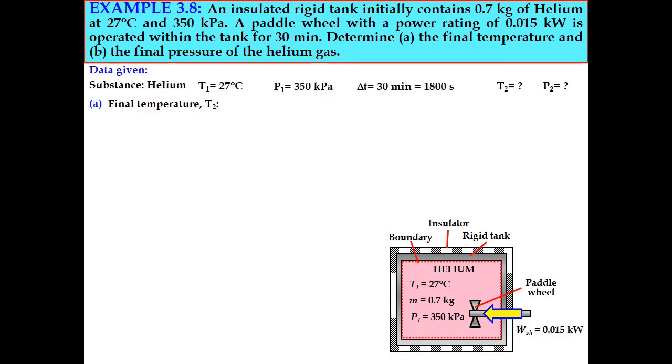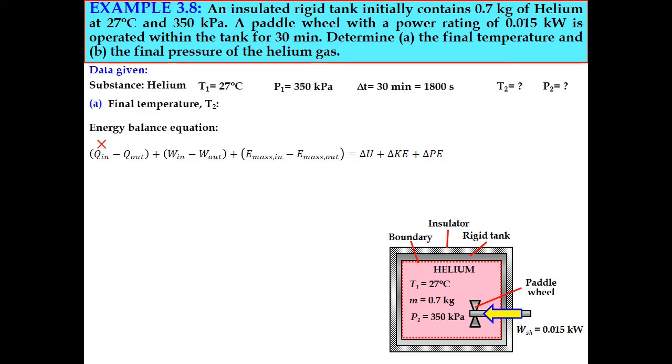For the final temperature T2, we need to apply the energy balance equation to the system. We write down the full equation and then decide which energy terms are not involved, based on the schematic diagram and the system. No Q in because the system is well insulated, and no Q out.